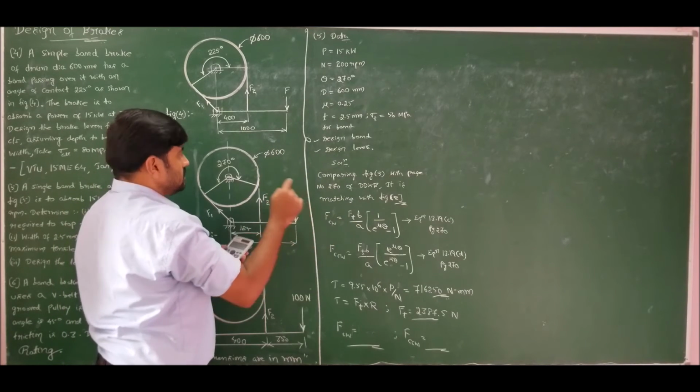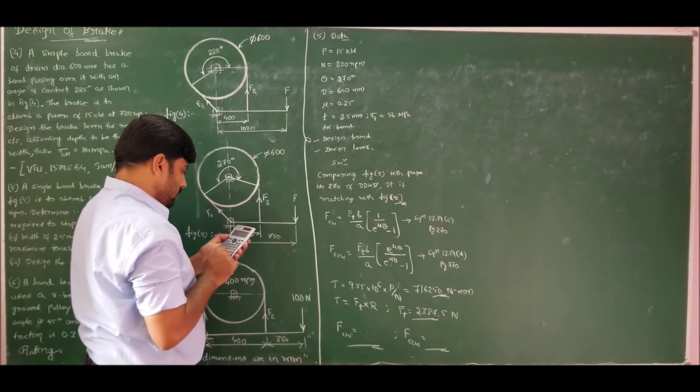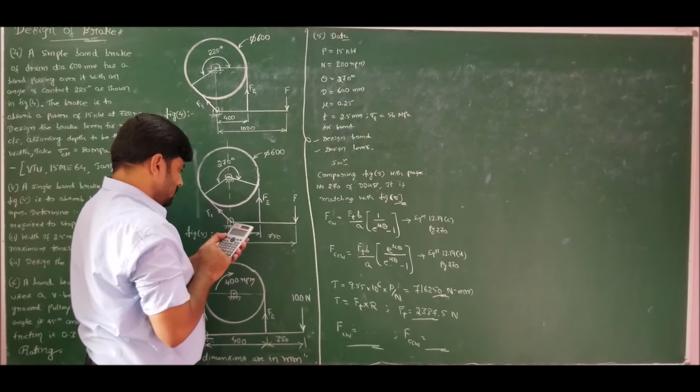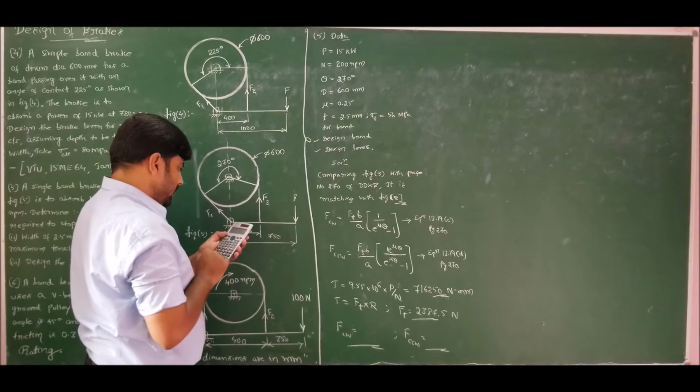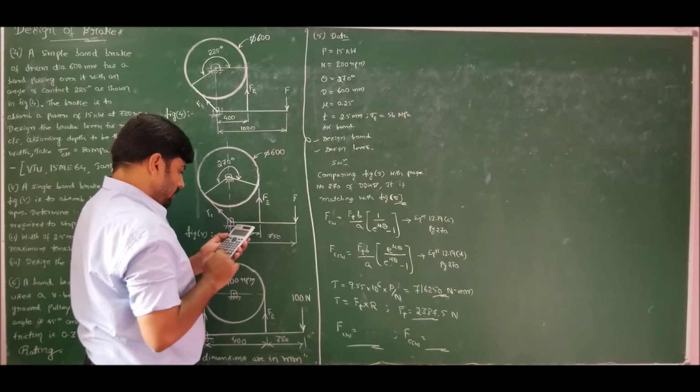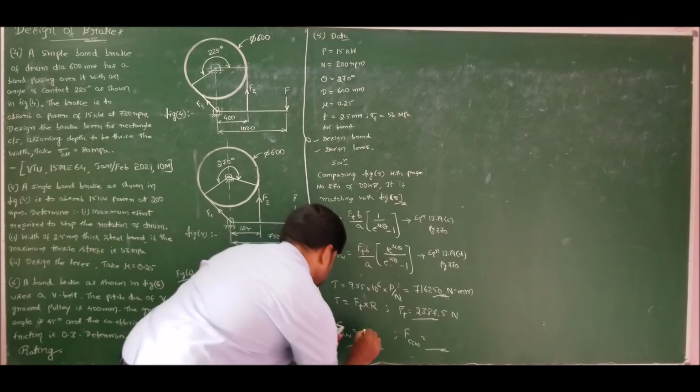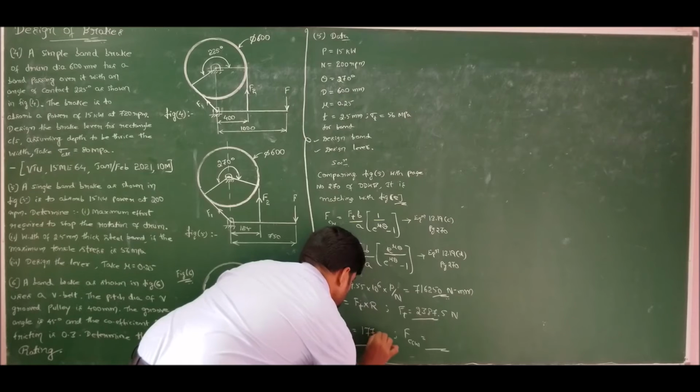Theta should be in radians: mu is 0.25 into theta, which is 270 into pi by 180. If I solve, I get the effort as 177 newtons for clockwise.